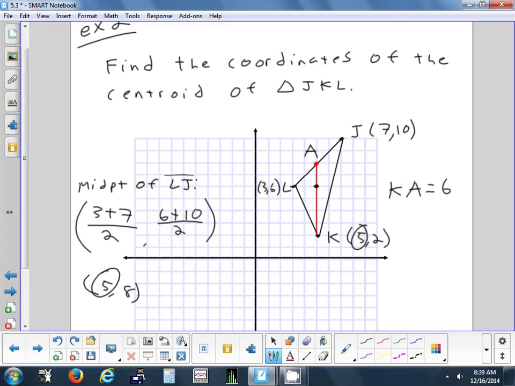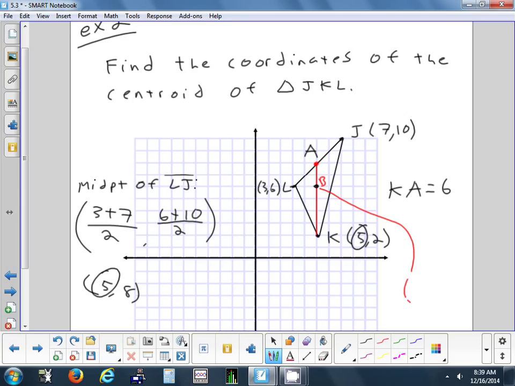It's 2/3 of the distance between K and A, or you can think of that 2-to-1 ratio. Let's call this point B. From K to B is 4, B to A, 2. The ratio is 2-to-1, 4 to 2.